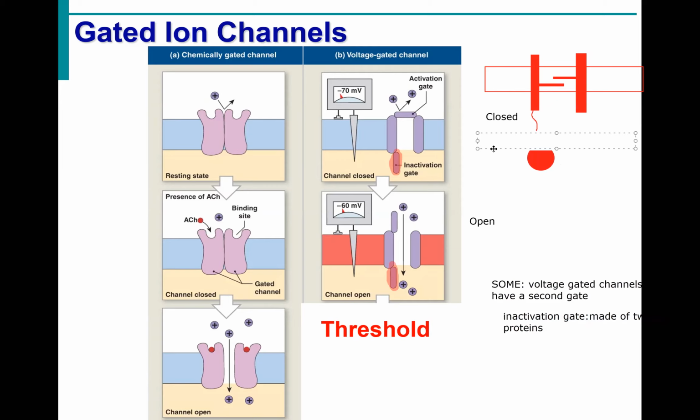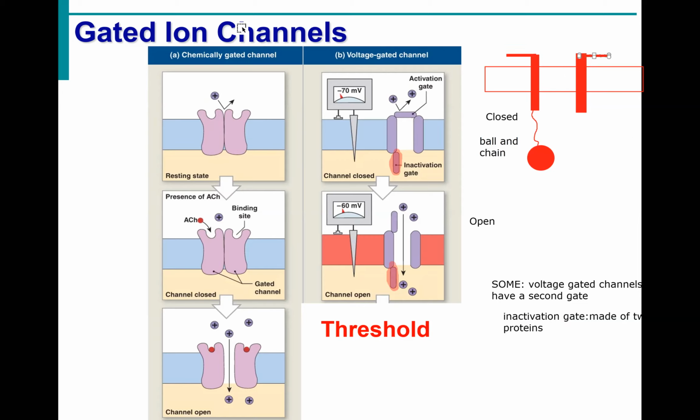It is referred to as the ball and chain. What's interesting about this ball and chain, and I have to cheat and do this, so let's open my activation gate so the channel is open.